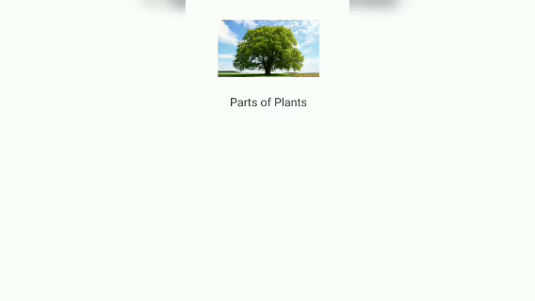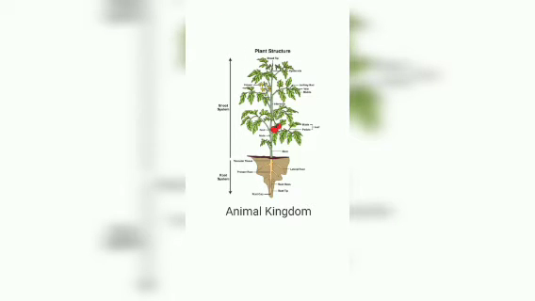And now let's discuss parts of plants. See this image here. The upper part, that is the part above the soil, is known as the shoot system, and the lower part of the plant is known as the root system.